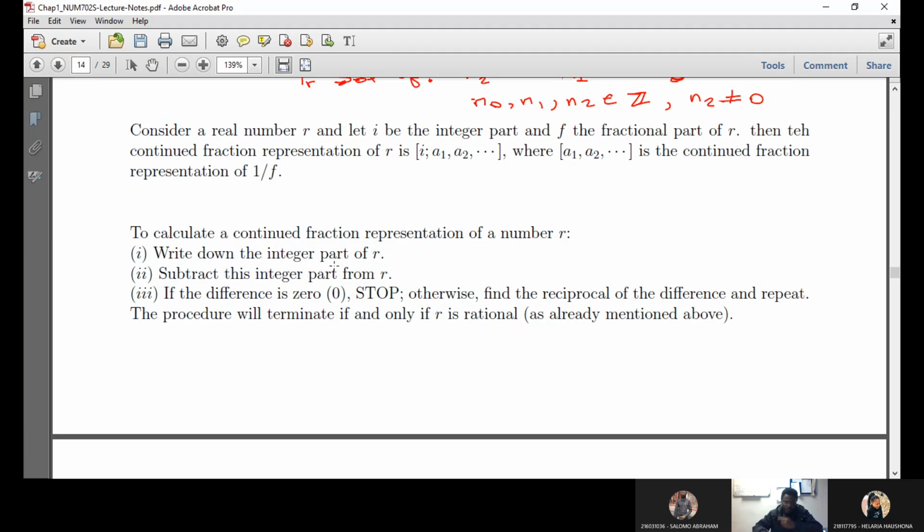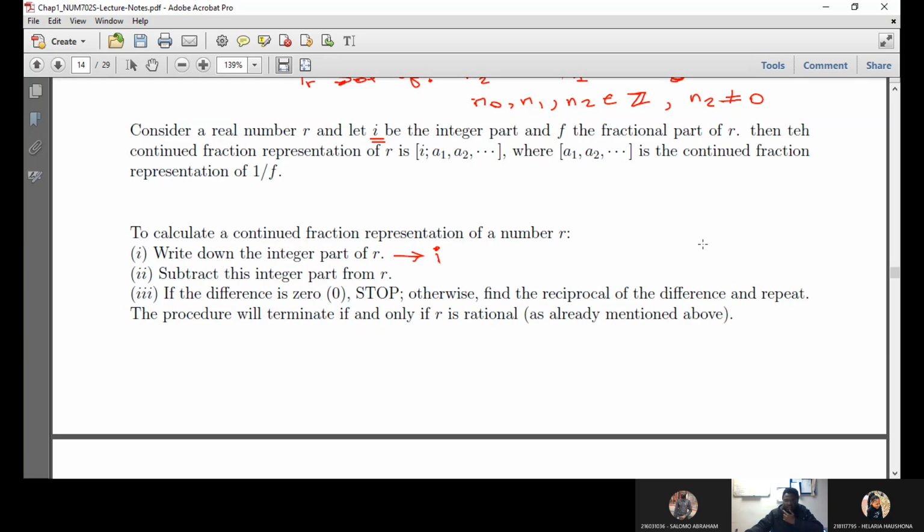First of all, we take the number and write down its integer part, which is denoted by I. It's not R, it's I. So we write down the integer part of R, the real number.